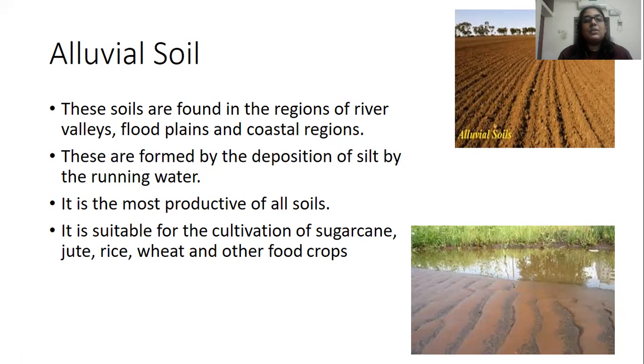Now it is the most productive of all soils. It is very fertile and you can use the soil for cultivation. It is really good for cultivation and it is suitable for cultivating sugarcane, jute, rice, wheat and other food crops. Right? Food crops cultivate பண்றதுக்கு ரொம்ப helpful-ஆன soil ஆக்கும் alluvial soil.